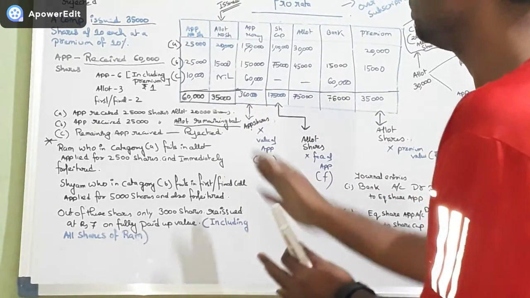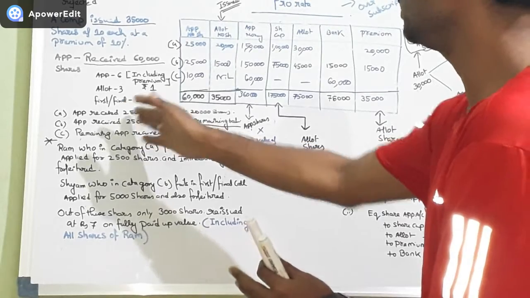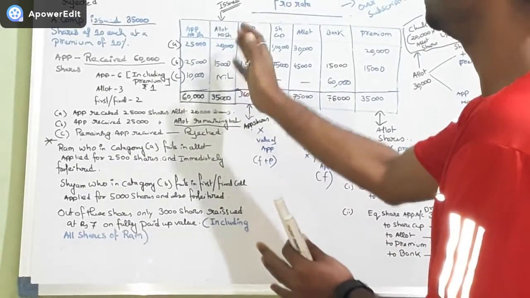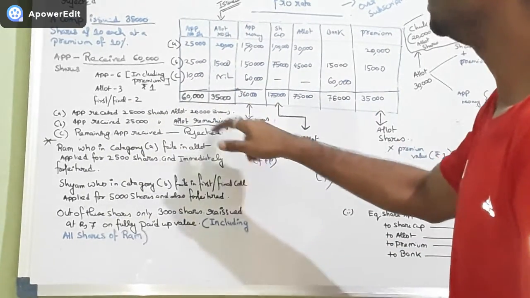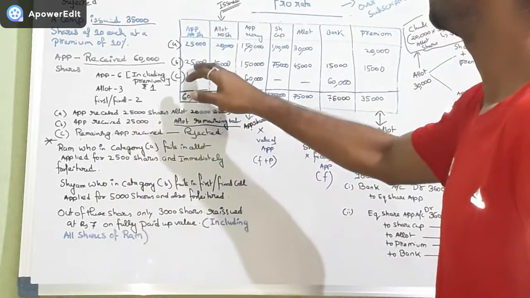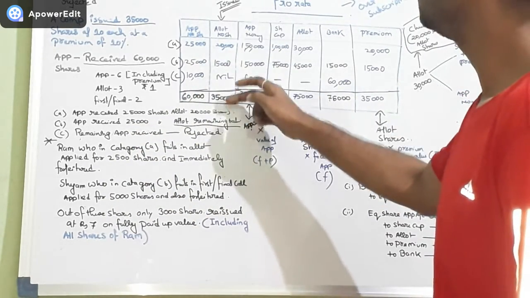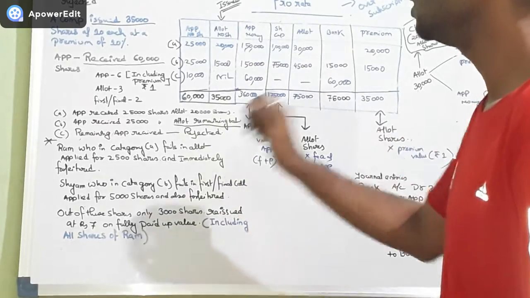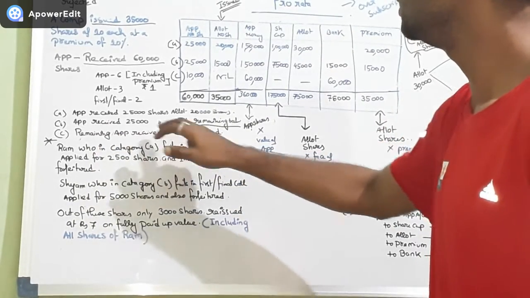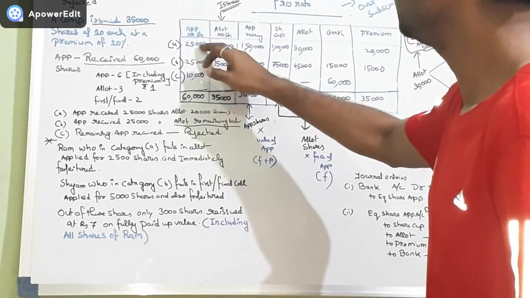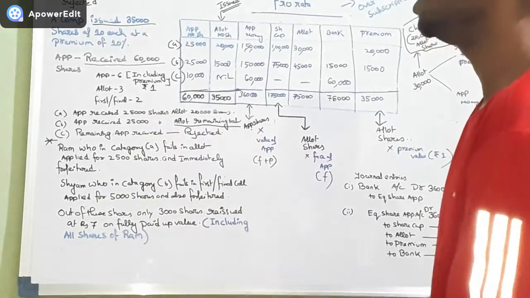That much is being allotted, because at the beginning for 25,000, 20,000 shares were allotted. For the remaining, application received is 25,000, and allotted will be 35,000 minus 20,000, that is 15,000. If I add 25,000 and 25,000, how much is it? 50,000.